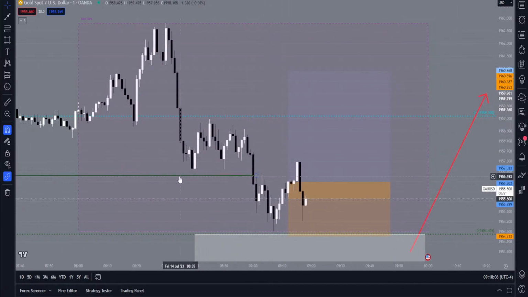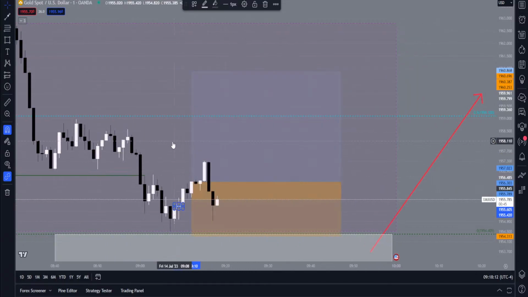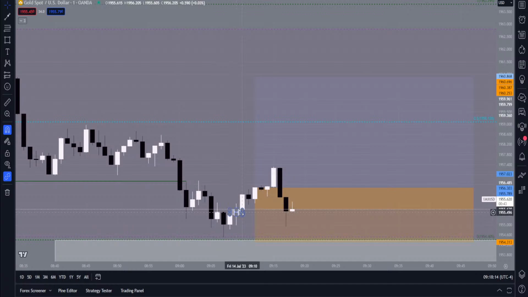It's also testing this right here, this imbalance, which would also be the second trade basically of the 4-hour trade.